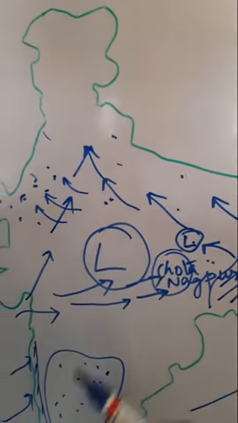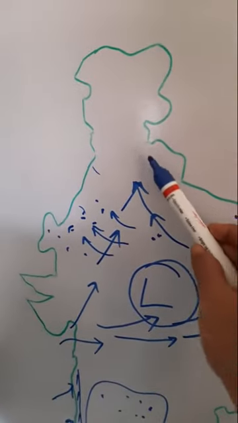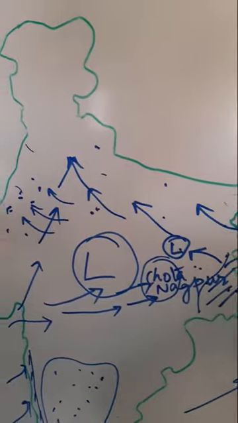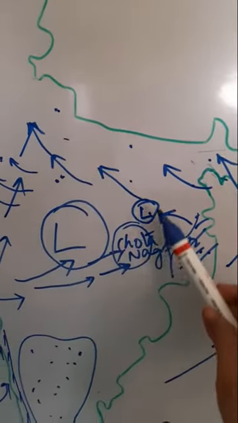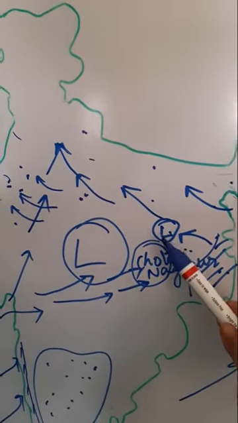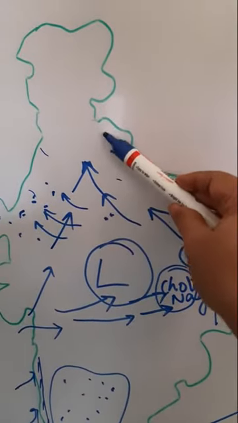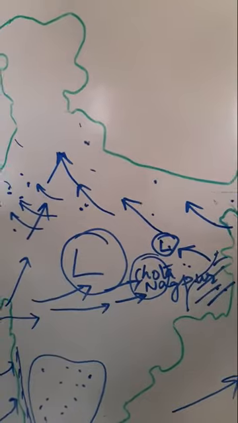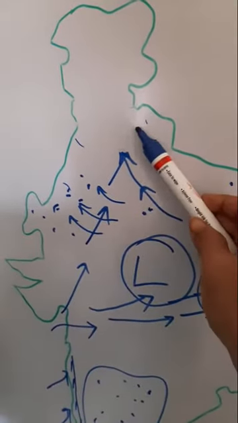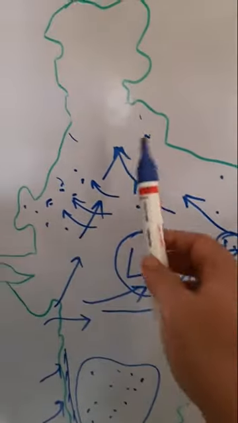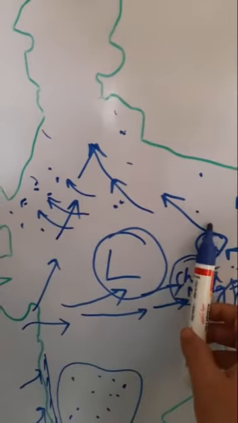When there is rainfall in the hilly areas, the mountainous areas, then the plain area will be dry. And we all know that every year when there is rainfall in the hilly portion, it causes devastating floods in the plain area.